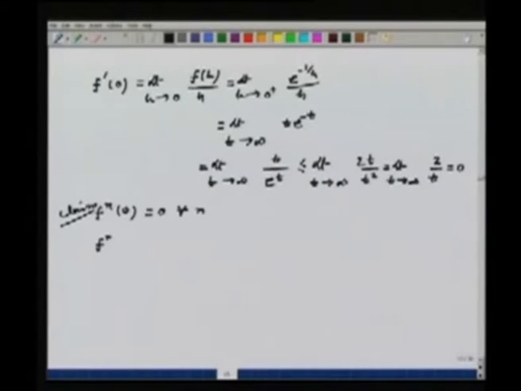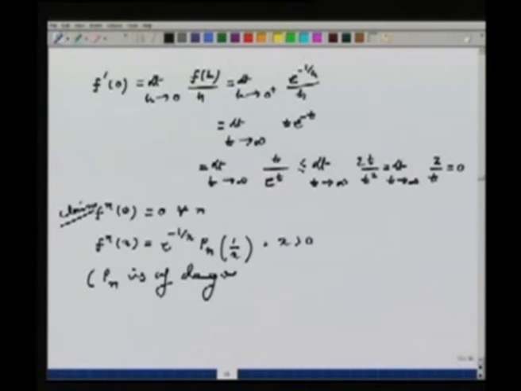So another claim is that f^(n)(x) is equal to e to the power minus 1 by x times a polynomial P_n at 1 by x for x bigger than 0, where it will turn out that P_n is of degree 2n, which is not very important for us right now, but this is what we want to prove.